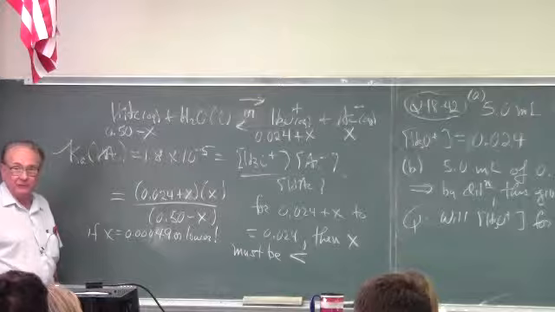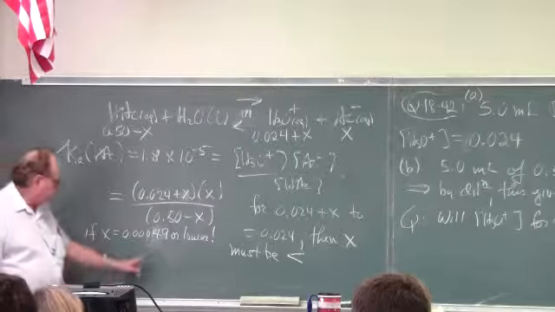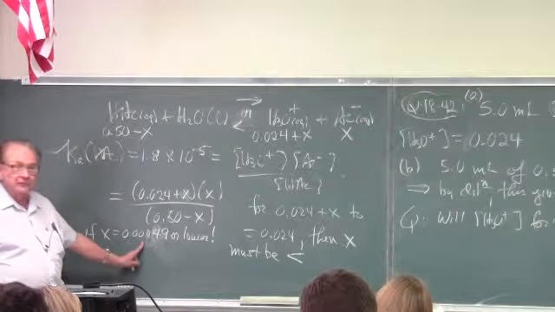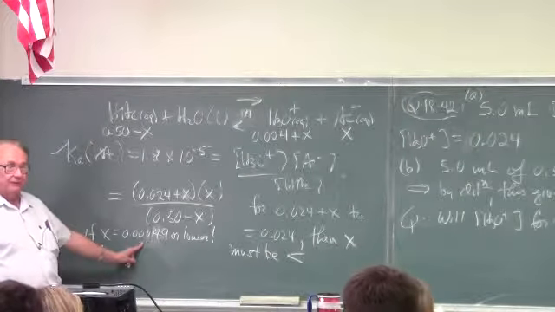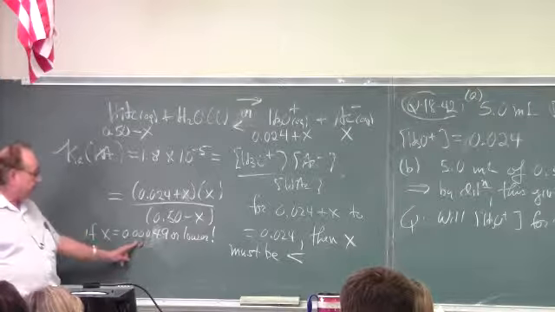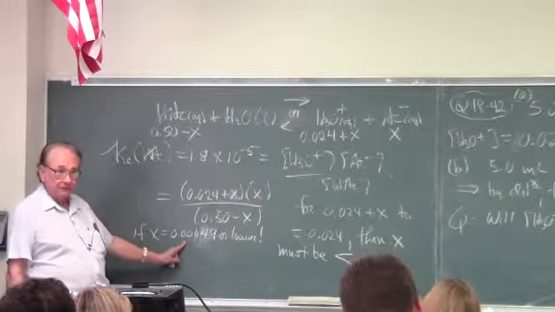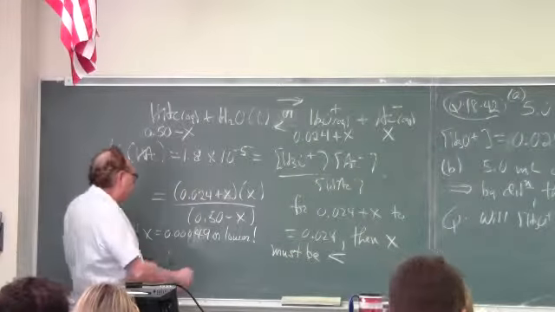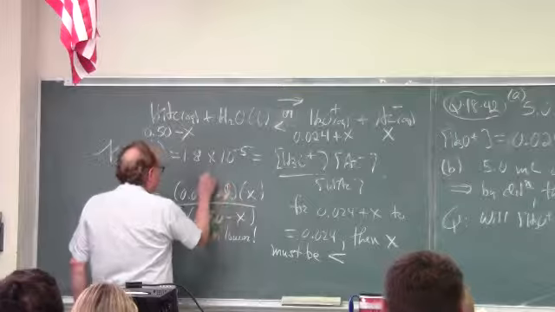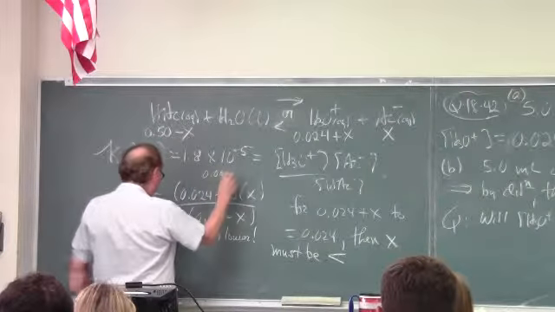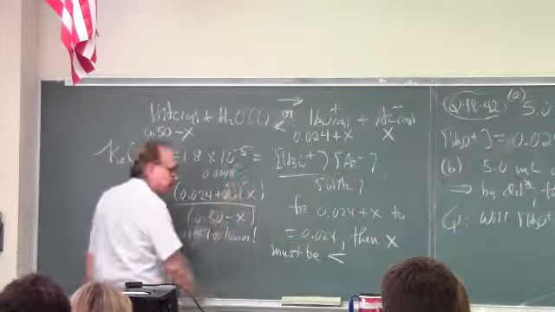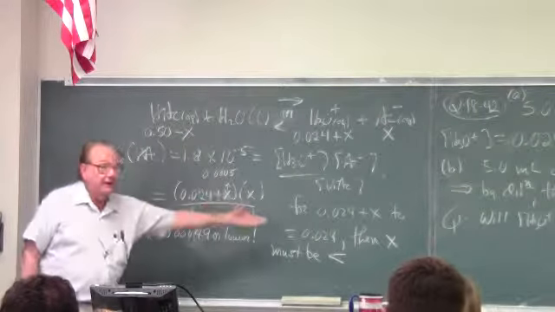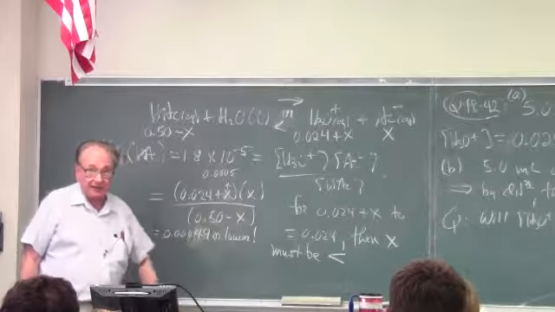Because now we won't have any arguments, will we? If X is this number or a number smaller than this number, then 0.024 does not change when I add this number to 0.024. We agree with this? So what I'm going to do is put in 0.0005. Because I've already said, if it's 0.0005, then 0.024 can change.